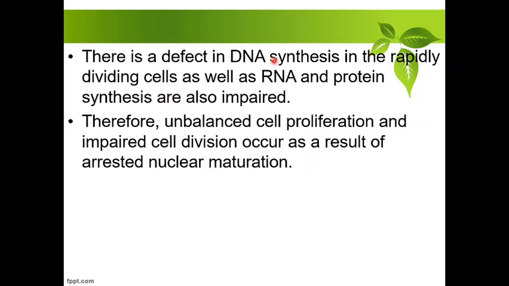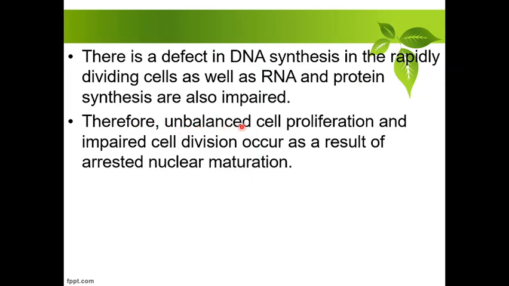There is a defect in DNA synthesis in the rapidly dividing cells, and RNA and protein synthesis are also impaired. DNA is not there, RNA will not be made, transcription will not happen. You have studied genetics, that is why I am telling you that DNA is not there. For one, DNA replication is not happening, cell division is not happening. DNA is not there, transcription is not there, RNA is not synthesized. When RNA is not there, protein is not synthesized.